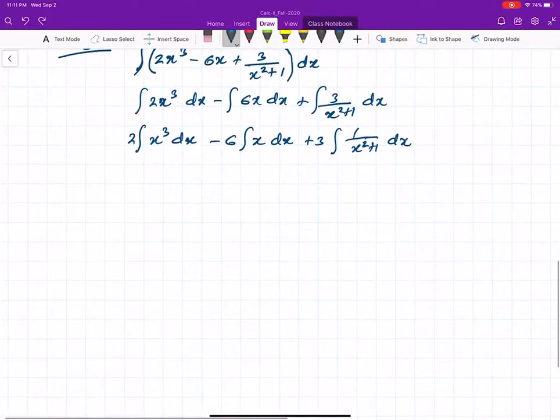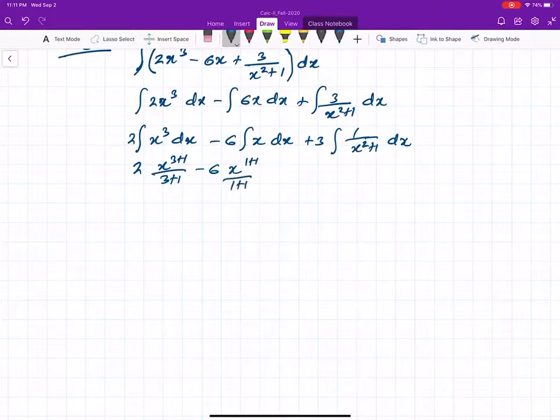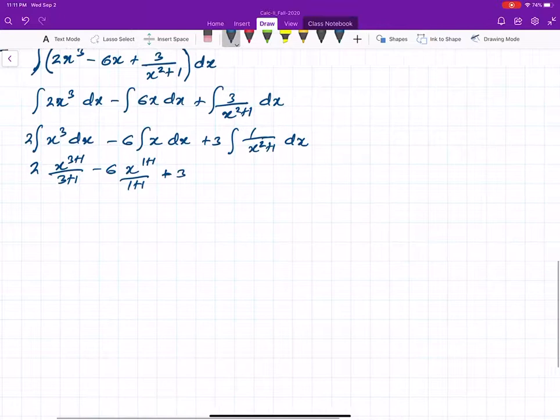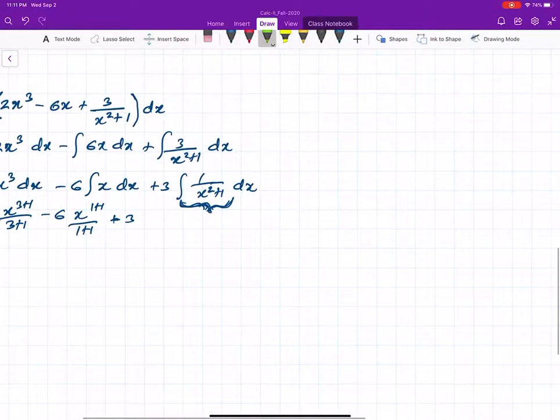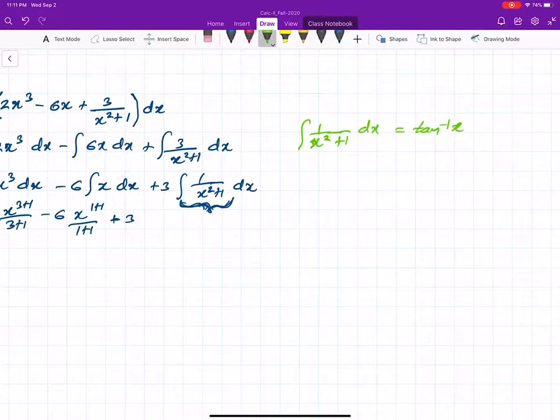Go down. Here you write 2 times x to the power 3 plus 1 over 3 plus 1, then minus 6 times x to the power 1 plus 1 over 1 plus 1, plus 3 times the integration of that one. What's the integration of that one? I don't know whether you can remember. I gave you the formula for this one earlier. Integration of 1 over x square plus 1 is arctan x.